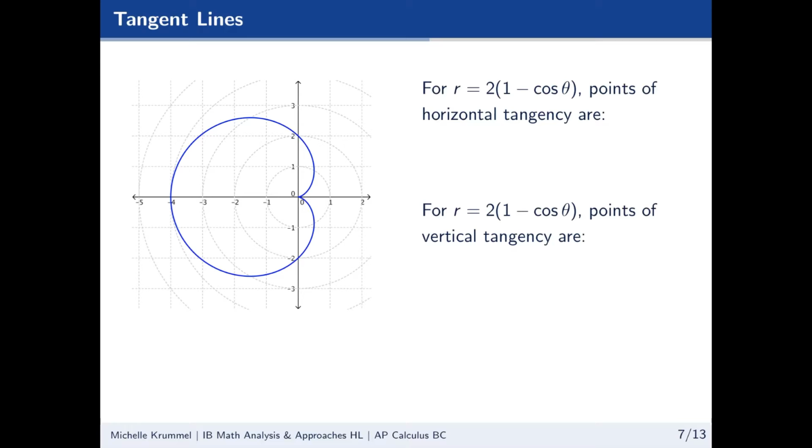So points of horizontal tangency are going to occur when theta equals 2 pi over 3 plus multiples of 2 pi, and 4 pi over 3 plus multiples of 2 pi. We're going to throw out the solutions that were just multiples of 2 pi.